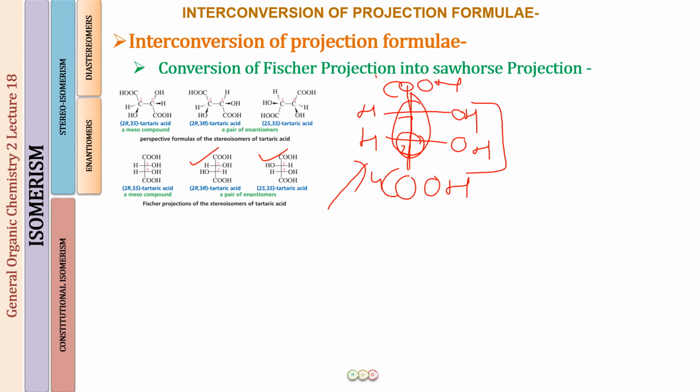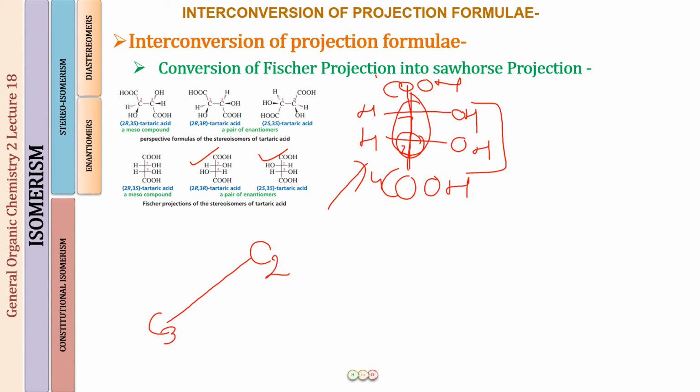So for that, we draw an oblique long line like this and we write a carbon here and a carbon here. We may not write it also, we can just represent it at the intersection of the lines also. Okay, so now this is C3. I will just write C3 so that you understand what we are talking about. So C3 and this is C2.